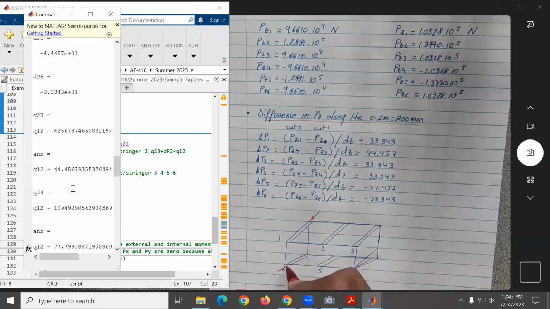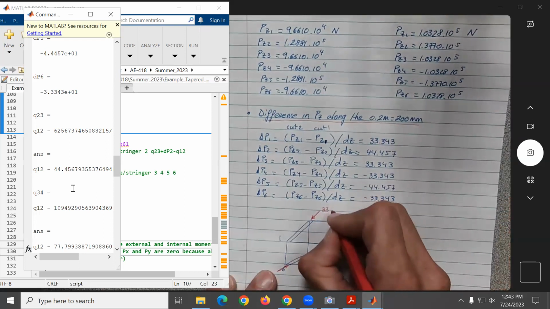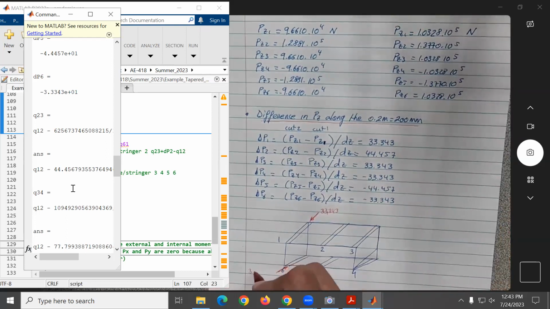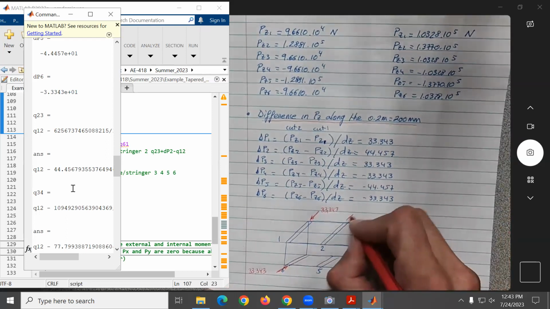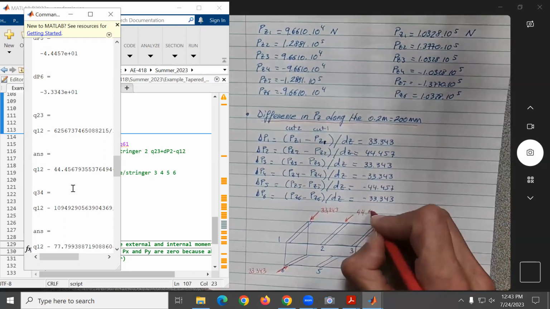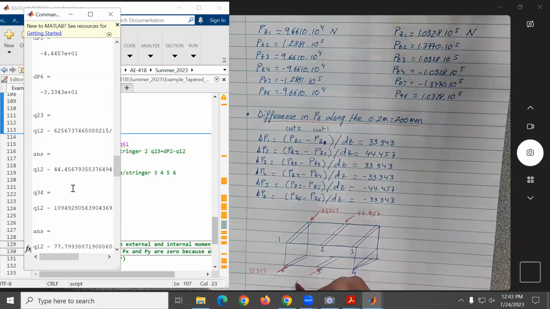So let's say this will be already P and 1. So let's say it will be 33.343 pushing over here, and this will be 33.343 in the opposite direction, no? Okay, we could do the same thing over here. This should be what? 44.457, and this would be 44.457.